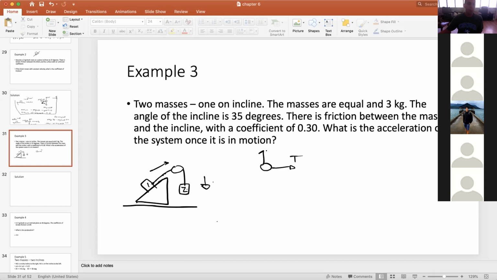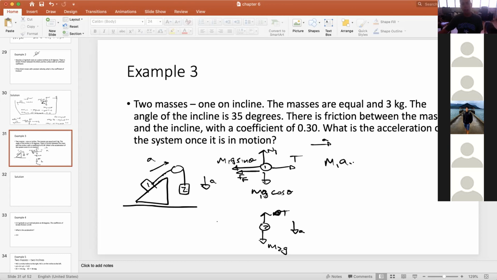I have tension, normal force on 1, which is m1g cos, and I have a weight m1g sine theta, and because it's going that way, I need to make my friction opposite. I hope that makes sense. For 2, I would have m2g and tension, and I'm saying it's accelerating down. So this is acceleration, this is acceleration.